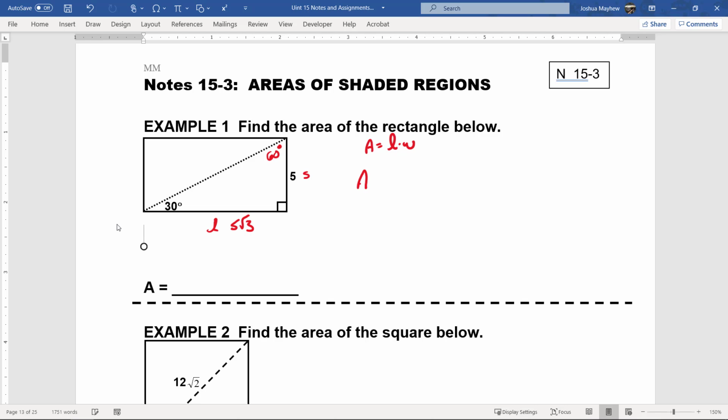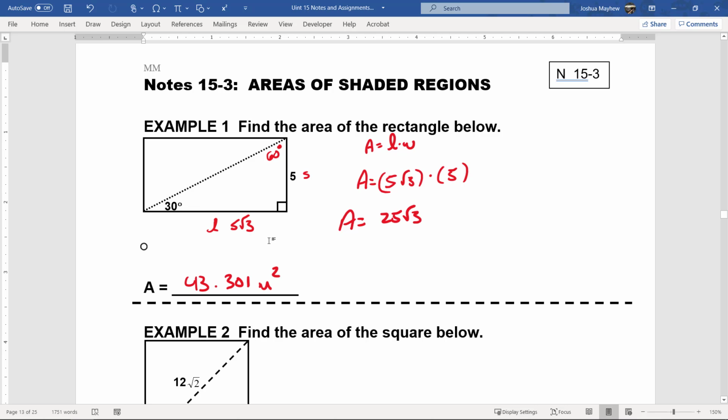So we plug in the length, 5 rad 3, times the width, 5, and we get an answer of 25 rad 3, which is approximately 43.301 square units.